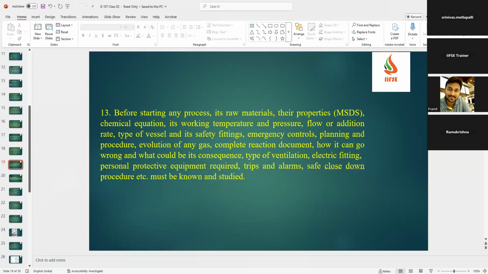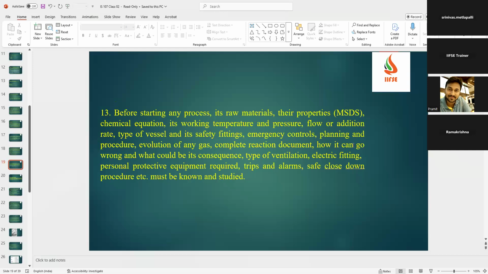Okay. Then the complete reaction document, the batch process sheet or procedure. He should also know the various possibilities, what can go wrong, and also the consequences. Sometimes, due to a sudden temperature rise or improper addition rate, there is a chance of an exothermic reaction.